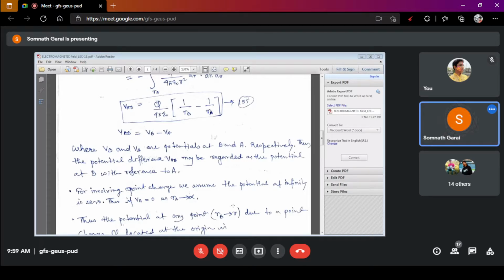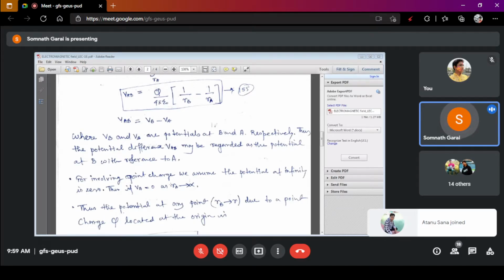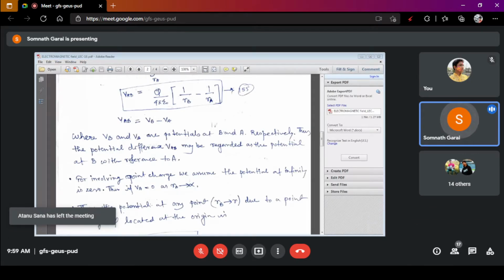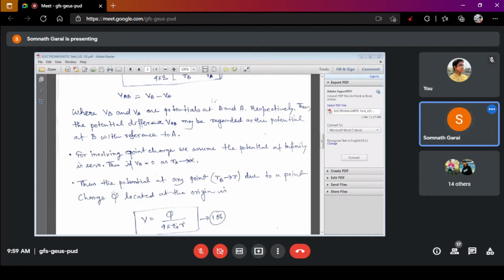And here we take an infinite distance. If RA tends to infinity, the potential at point A is equal to 0. And the other point, point B, tends to r.